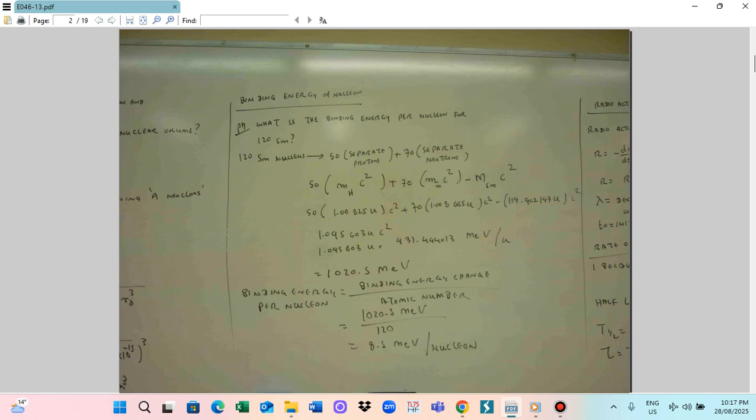So the binding energy divided by the atomic number. Therefore the binding energy is 1020.5 MeV divided by the mass number 120, so 8.5 mega electron volt per nucleon.